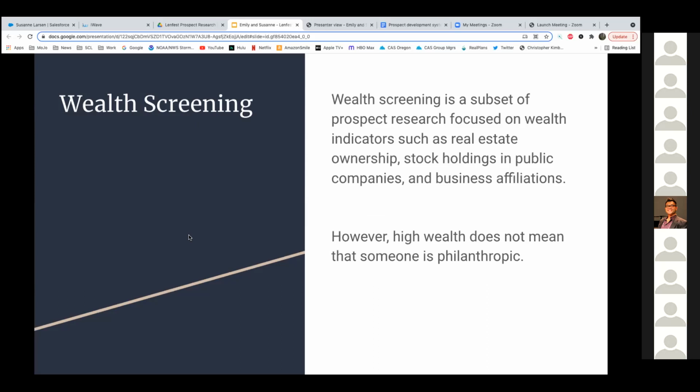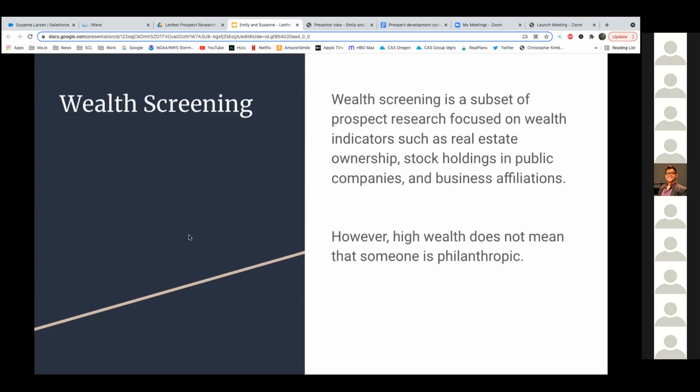But one element of the prospect research cycle is wealth screening. Some of you might be familiar with this term. It's a subset that's focused on wealth indicators like real estate ownership, stock holdings, business affiliations. I just wanted to put this in here because just because someone has high wealth does not mean that they're philanthropic.